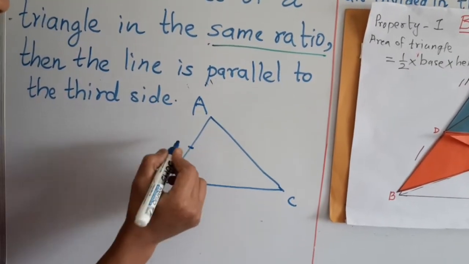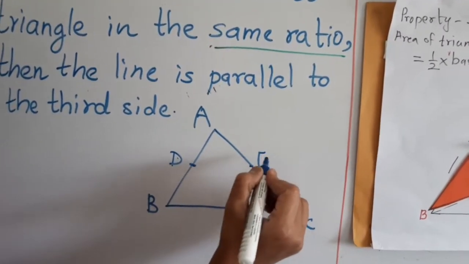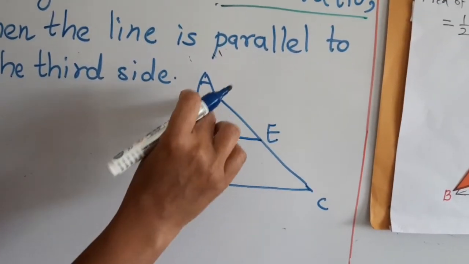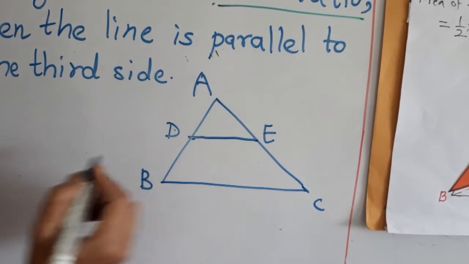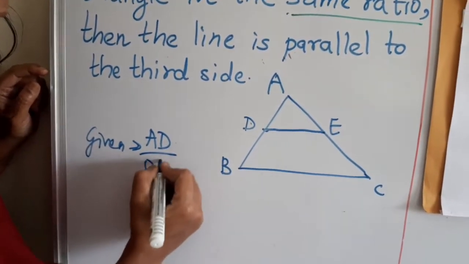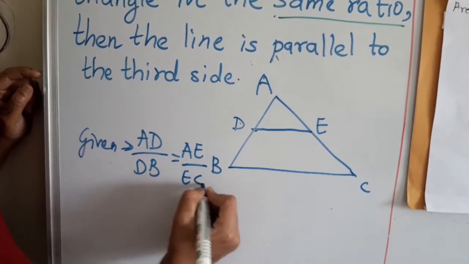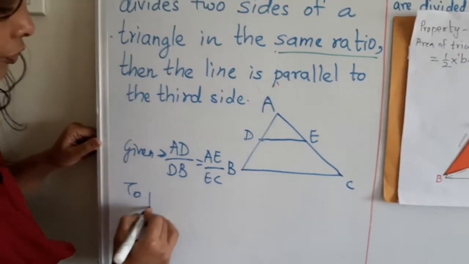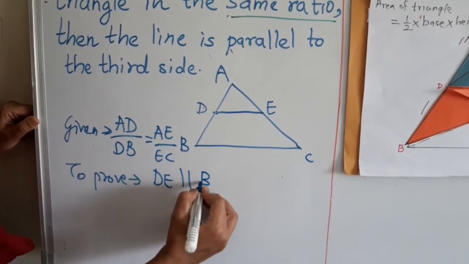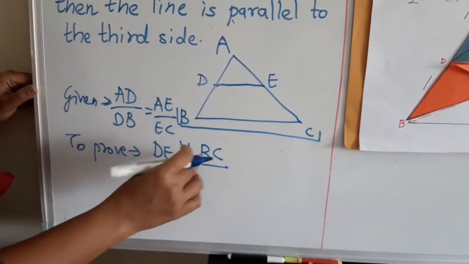If it is divided in the same ratio, let this be point D and this be point E. Then the two sides are divided in the same ratio. The given thing is AD upon DB is equal to AE upon EC, and what we have to prove is that DE is parallel to BC, this side BC. That we have to prove.